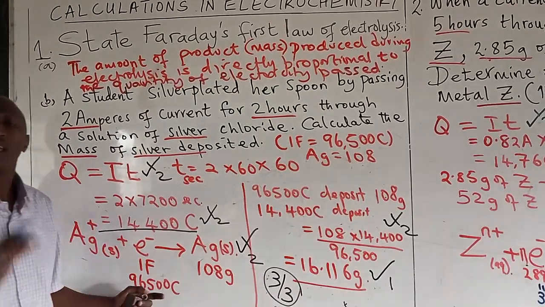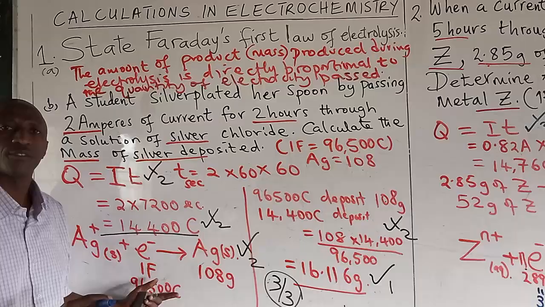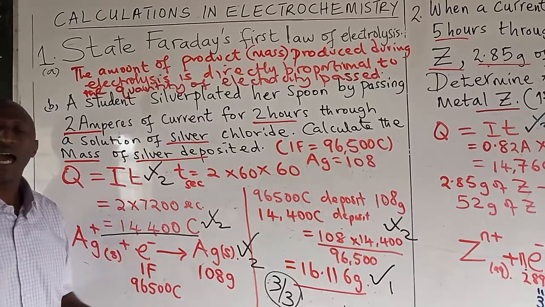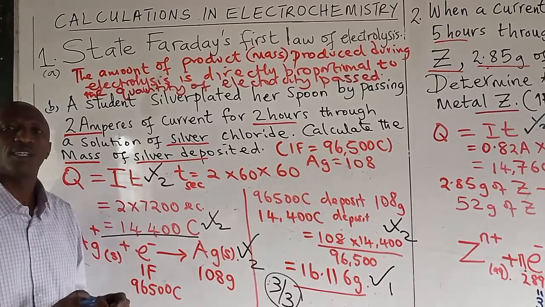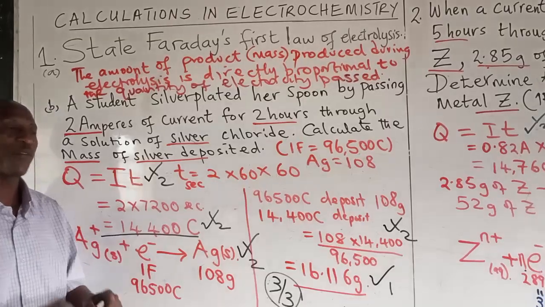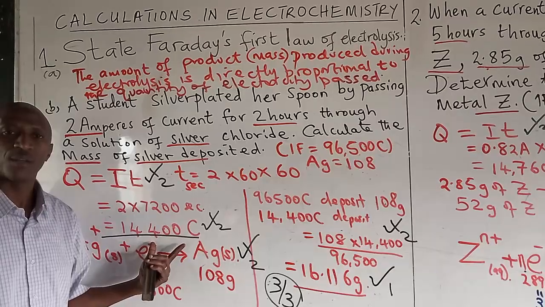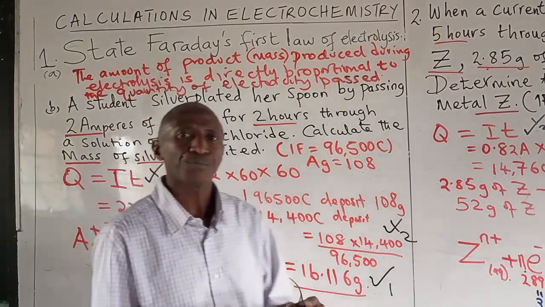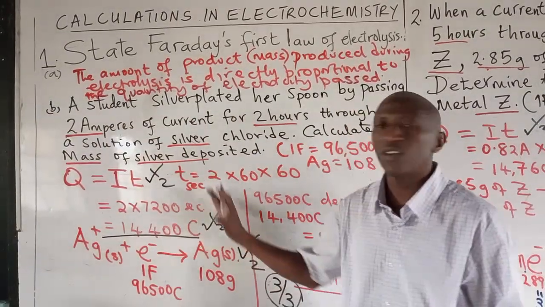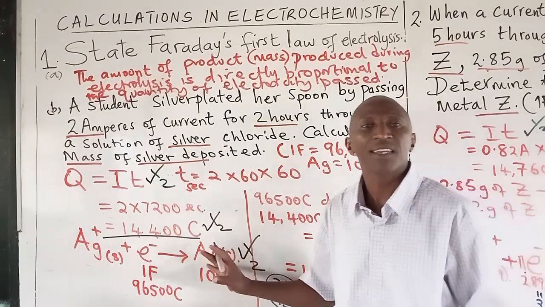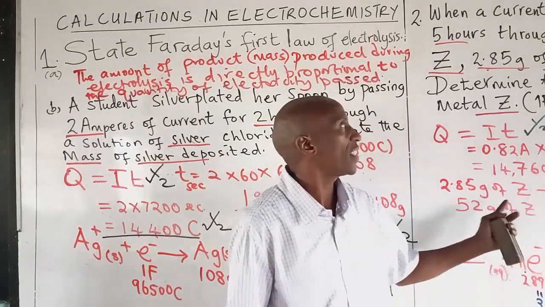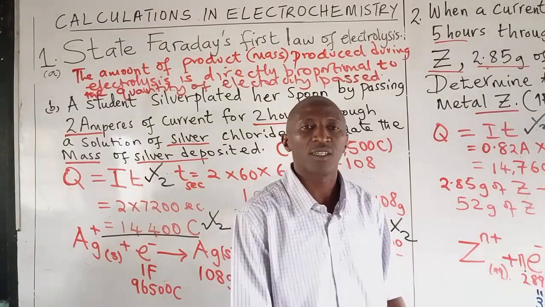These are short answer questions which learners are supposed to calculate, and so far we have seen 2 areas. The first being calculating the mass deposited, and in part 2 we have seen calculating the charge.